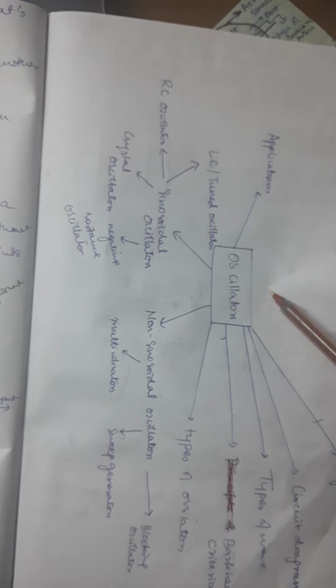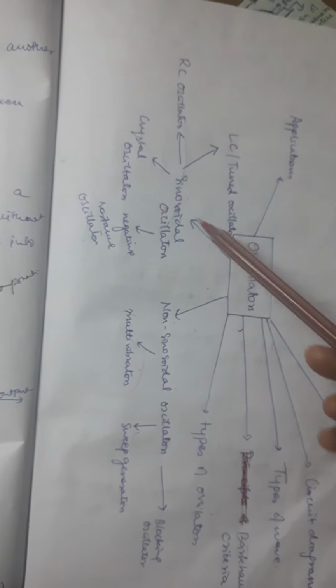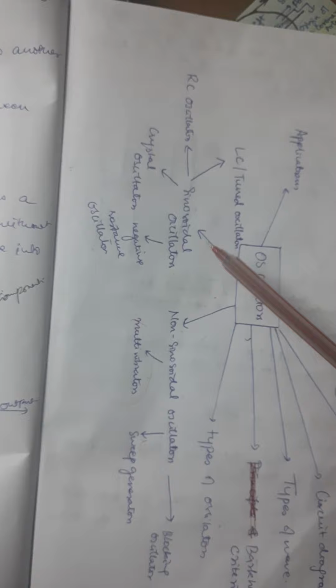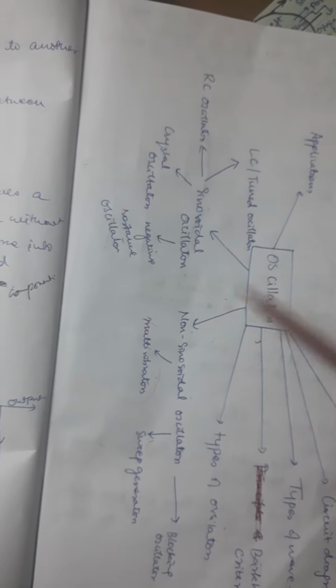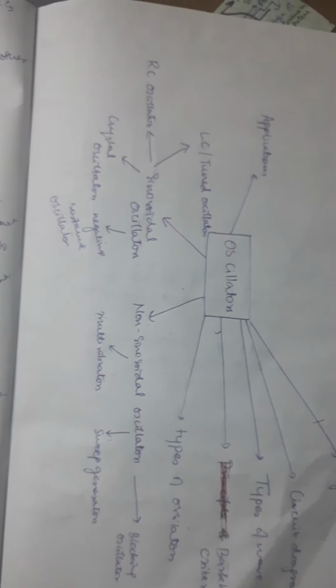In this mind map, we read there are 2 types of oscillators, sinusoidal and non-sinusoidal. So it's according to these only that these waveforms are there. This is the standard sine wave. All these 3 are non-sinusoidal waveforms.